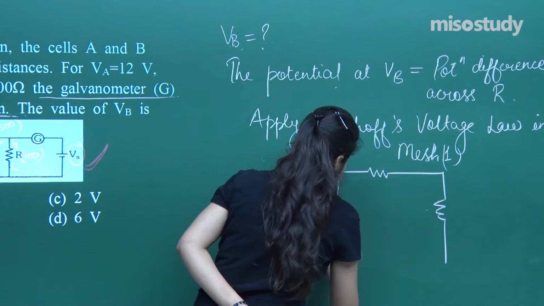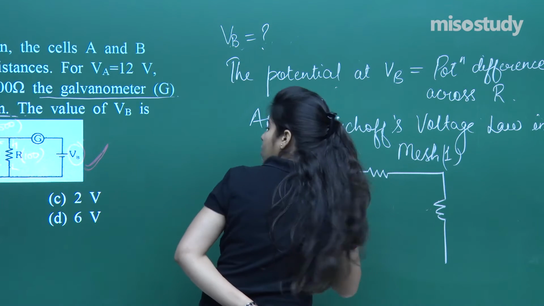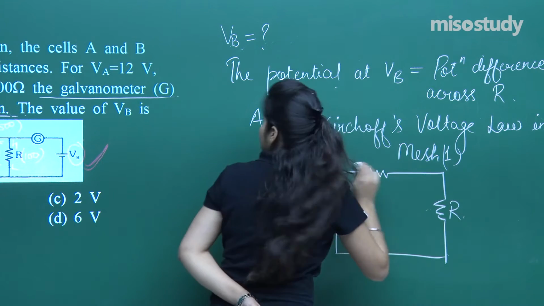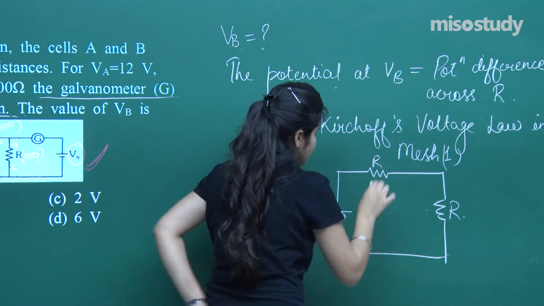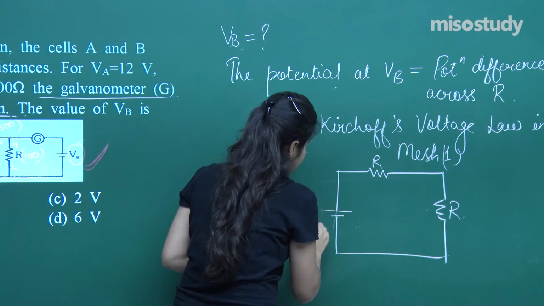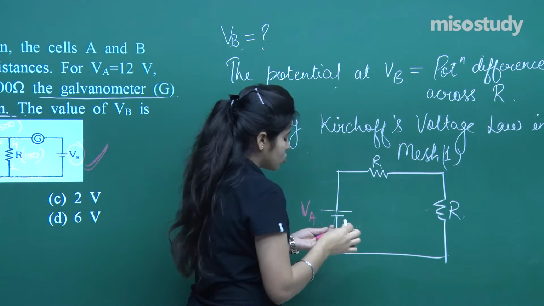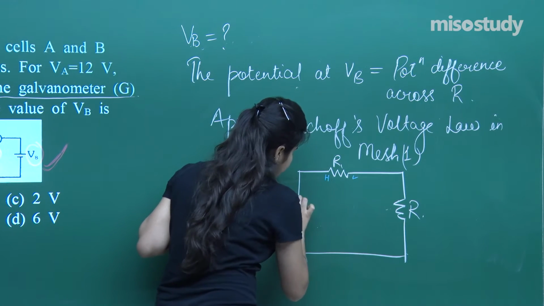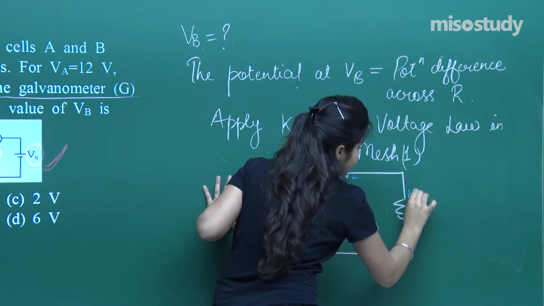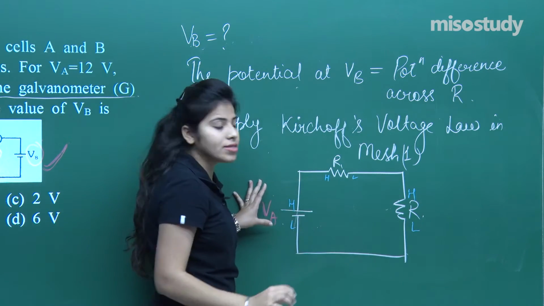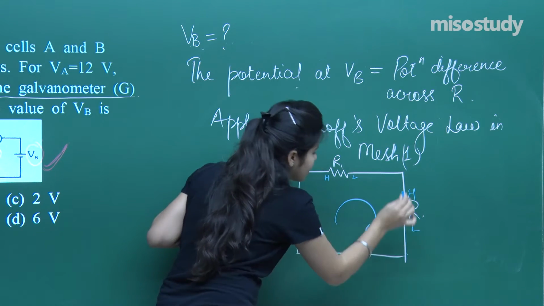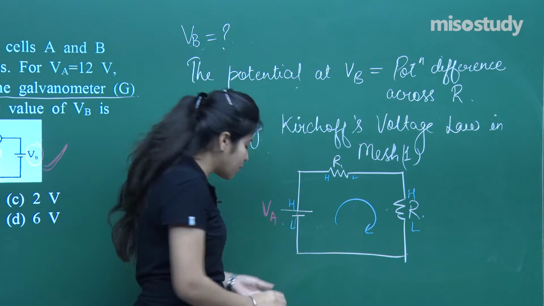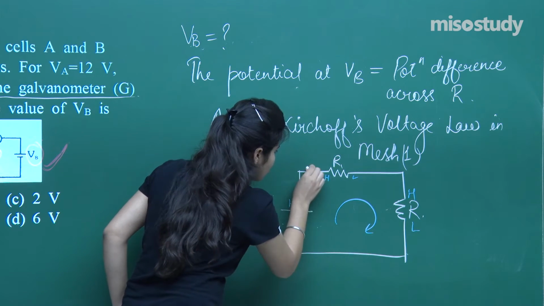This is VA and this is capital R, this is R1, this is VA. As I have applied the signs, higher, lower, higher, lower, higher, lower, and I have considered the direction of mesh as the direction of current in mesh as this, we know that the direction of current will be from higher to lower like this.